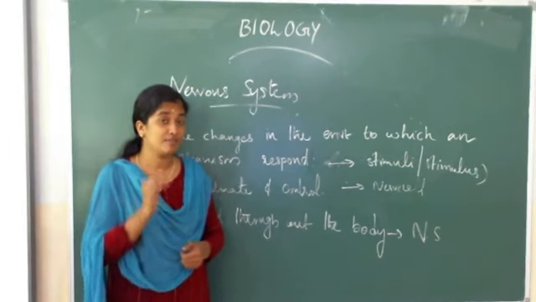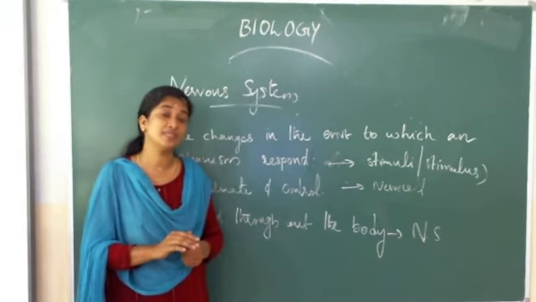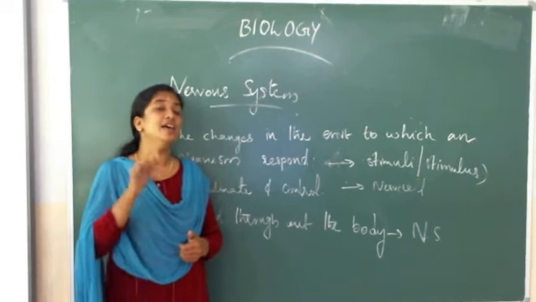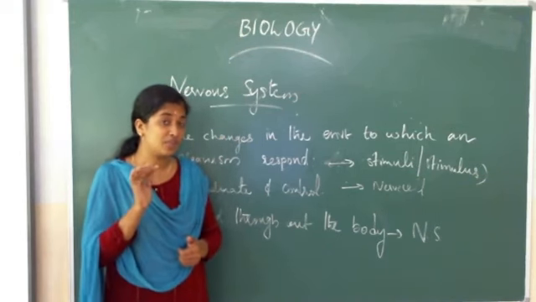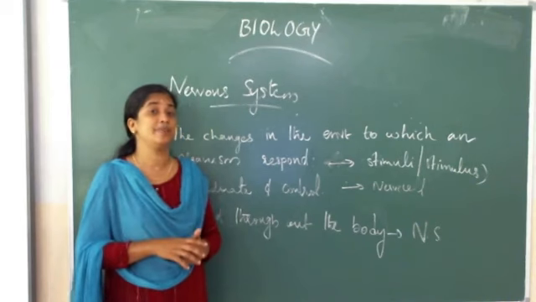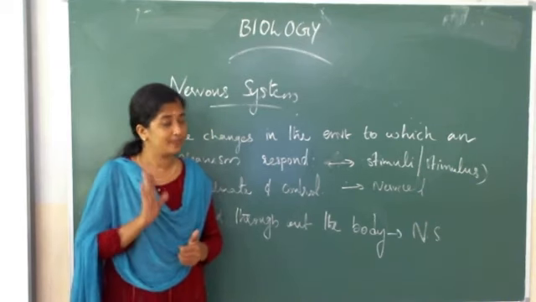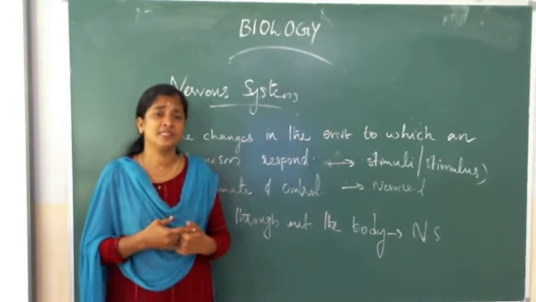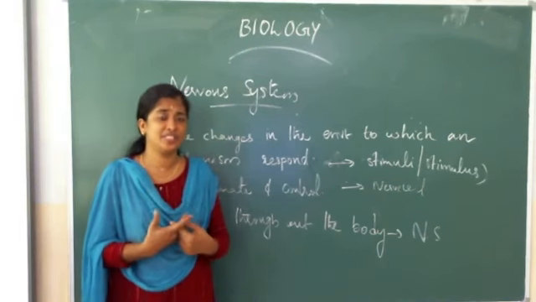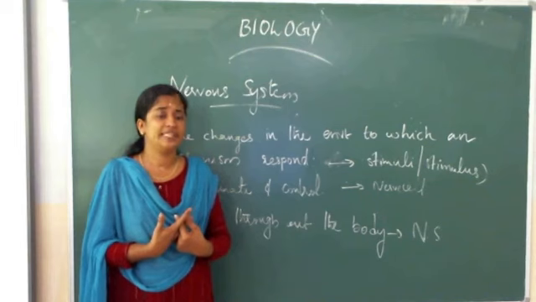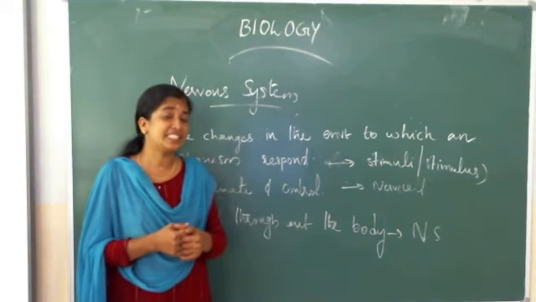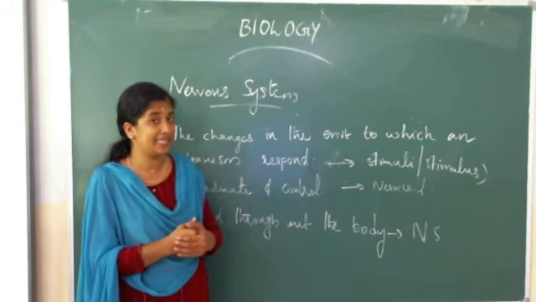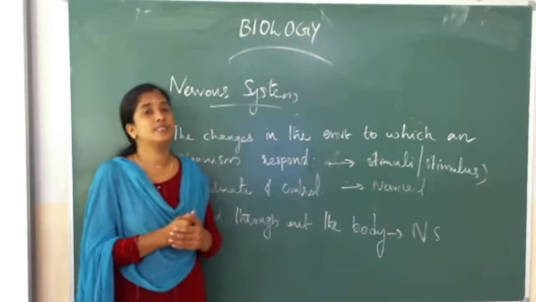The structural and functional unit of the nervous system is the neuron or nerve cell, whereas the structural and functional unit of the excretory system is the nephron. Clear? We know all living organisms do many activities in our daily life. All these activities are controlled and coordinated mainly by the nervous system.